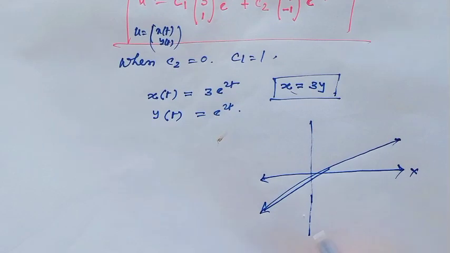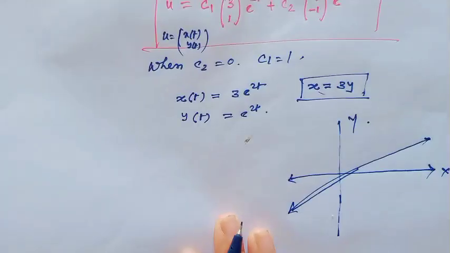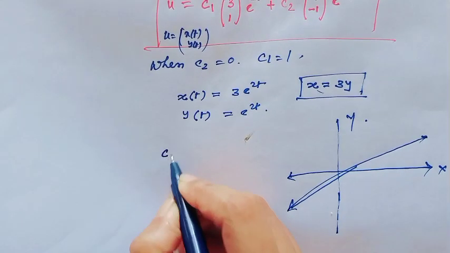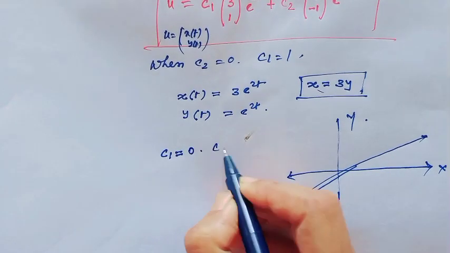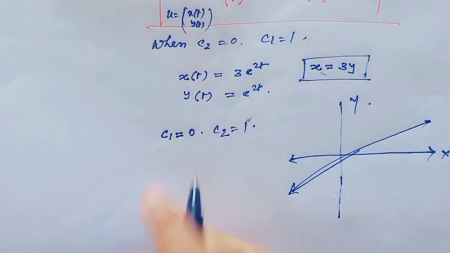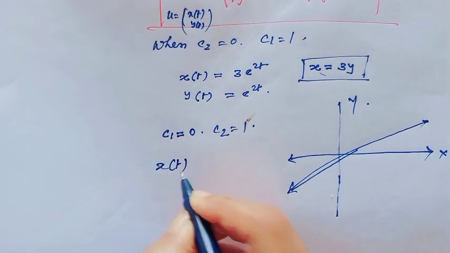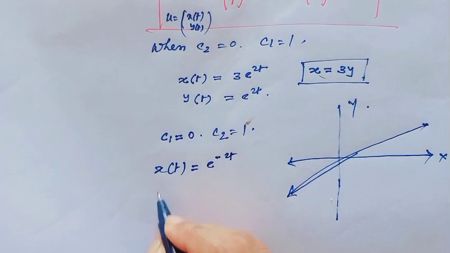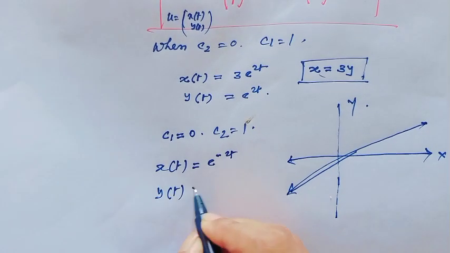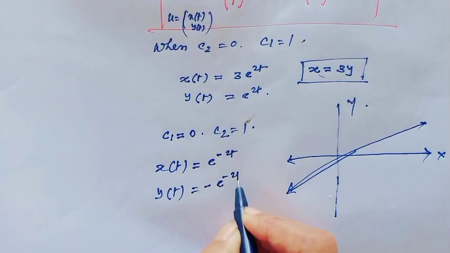This is x, this is y. And when c1 equals 0 and c2 equals 1, then x(t) equals e to the power minus 2t and y(t) equals minus e to the power minus 2t.